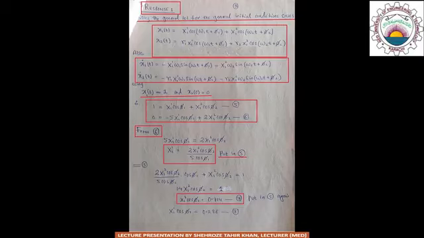After again substituting the value of x21 cos phi 2 in equation 5, we get x11 cos phi 1 is equal to 0.86, and it is called equation 8.